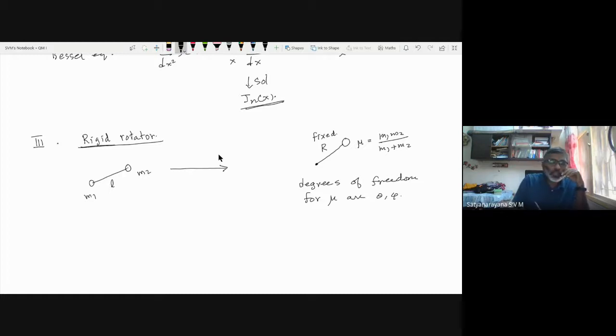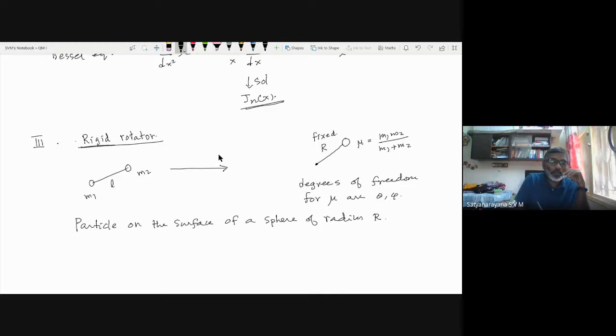So this rigid rotator is actually the problem we can state in the language that we have been doing, like a particle on the surface of a sphere of radius r.